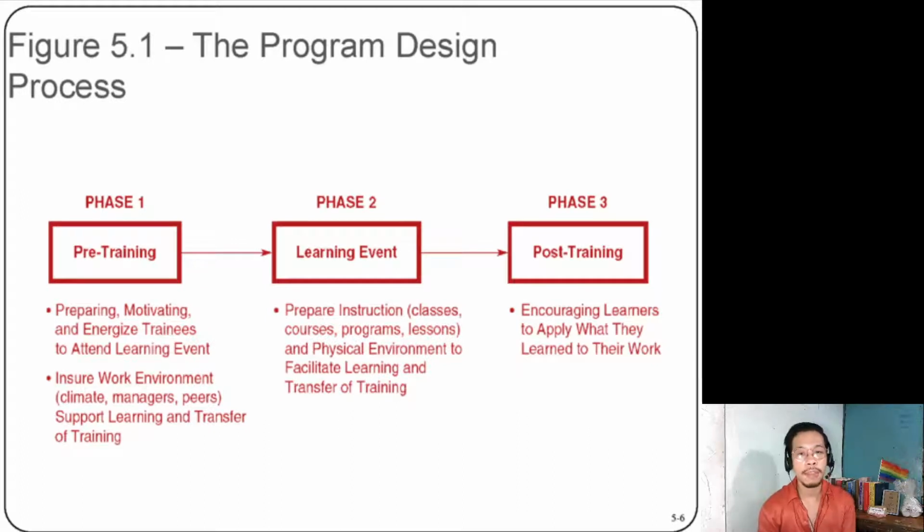Here is figure 5.1, and it shows that designing your own training has its own phases, and it's composed of three phases. First one is the pre-training. In this part, you'll be knowing how ready, how motivated, and how prepared your trainees are when you'll be conducting the training.